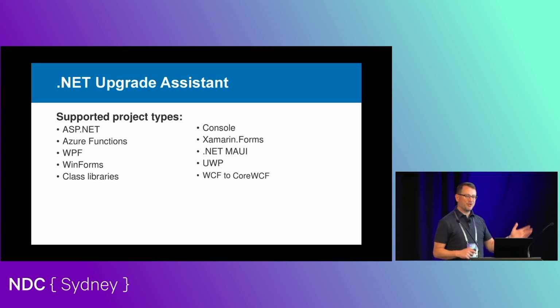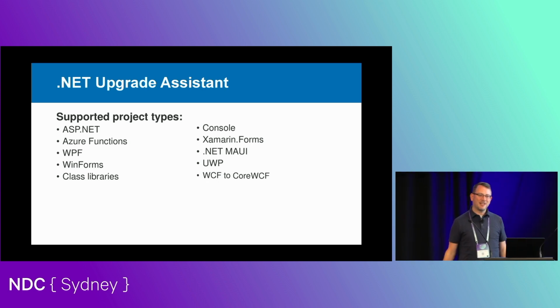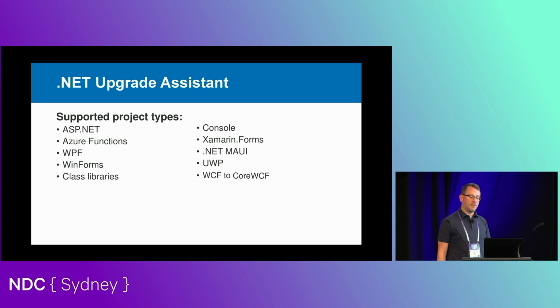Anybody use WCF? Okay, I'm sorry. But if you are using WCF and you're wondering how you're going to get your WCF code to move on to something more modern, there is an open source library called Core WCF, and Microsoft actually supports that now in the .NET Upgrade Assistant as well to migrate your legacy WCF projects. So lots of great stuff supported there.